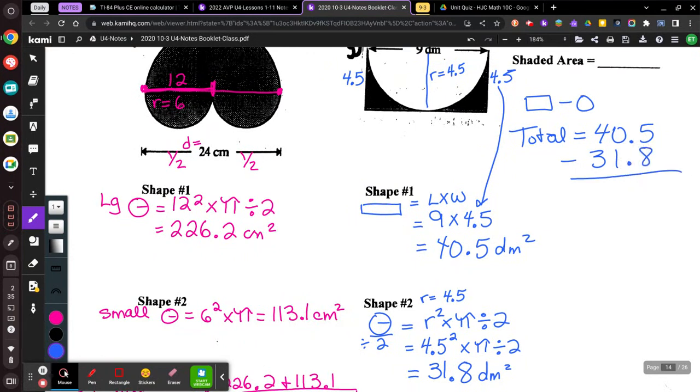And that's going to give me my total, and that's going to be 8.7. Small amount, doesn't have to be large. So I have 8.7, use your units. DM is decimeters, DM squared. So 8.7. On this question, we were subtracting.